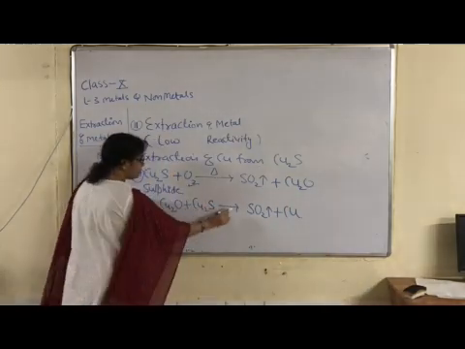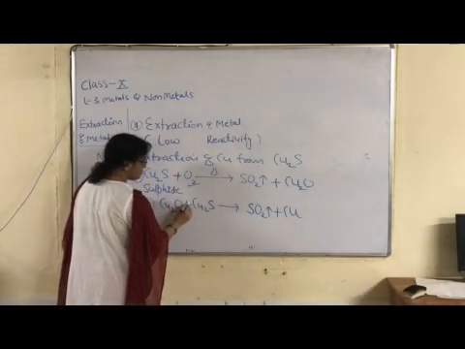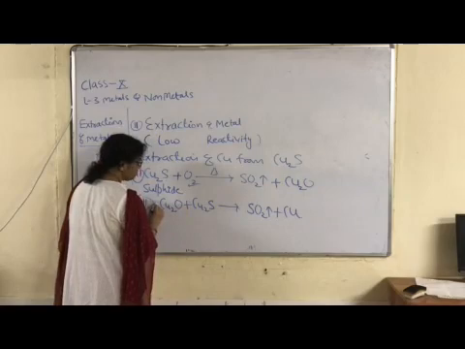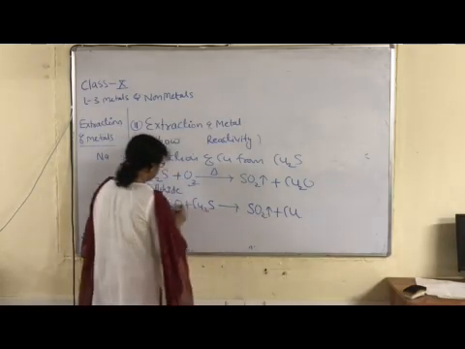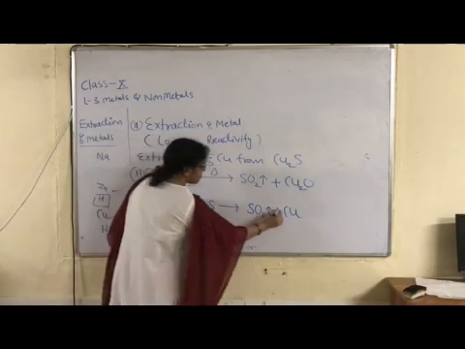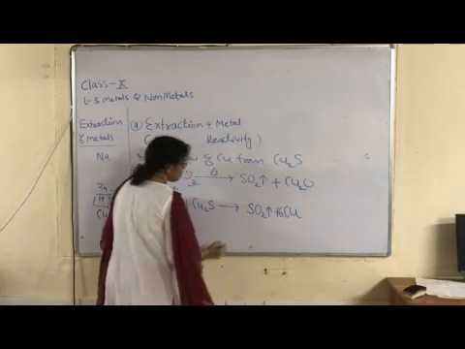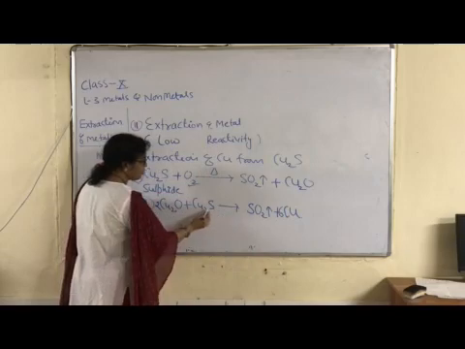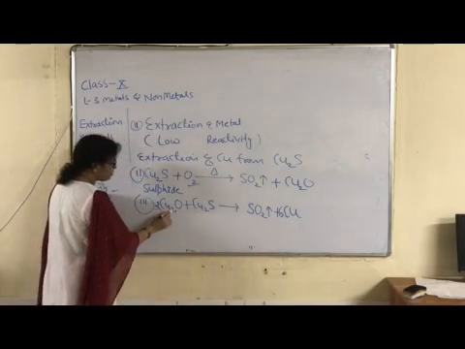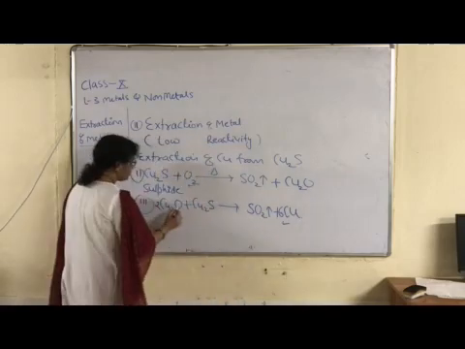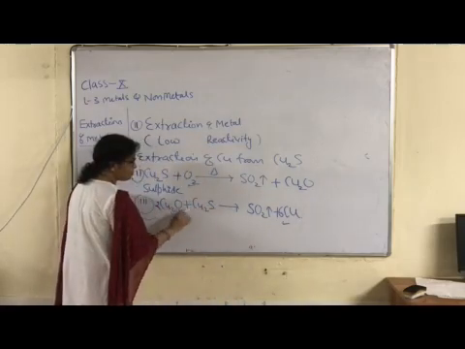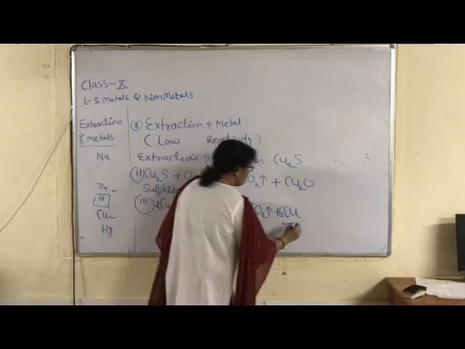Right? Balanced equation: 4 plus 2, 6 copper, sulfur 1, oxygen 2. Now this is balanced form.